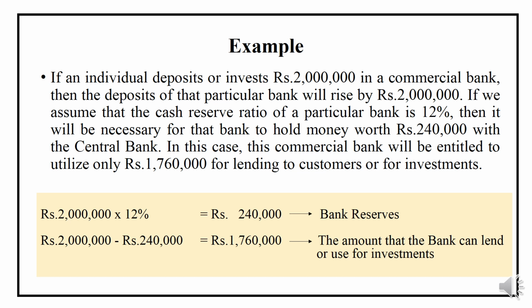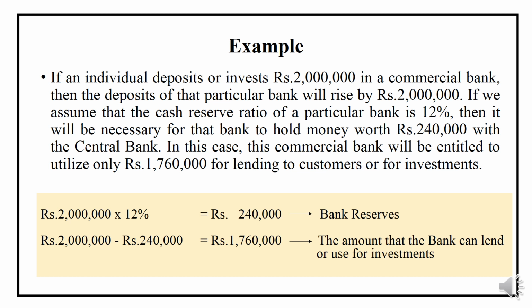Then it will be necessary for that bank to hold money worth rupees 240,000 with the central bank. From the 2 million, 12% the commercial bank is required to keep in the central bank as bank reserves. In this case, this commercial bank will be entitled to utilize only 1,760,000 for lending to customers or for investments.